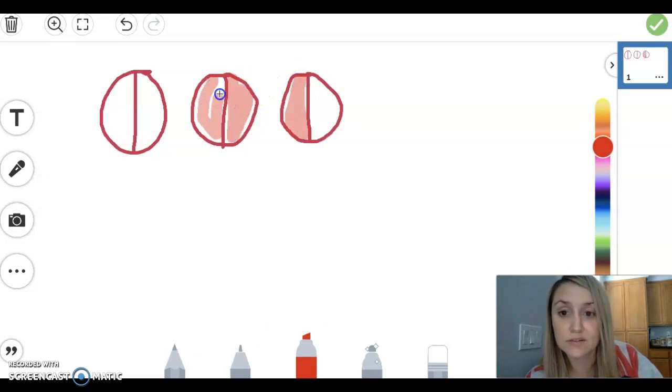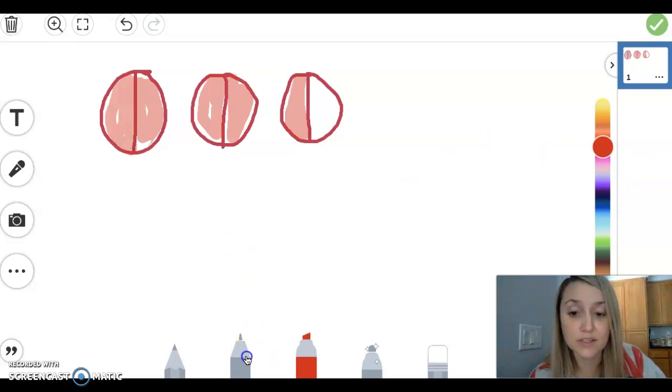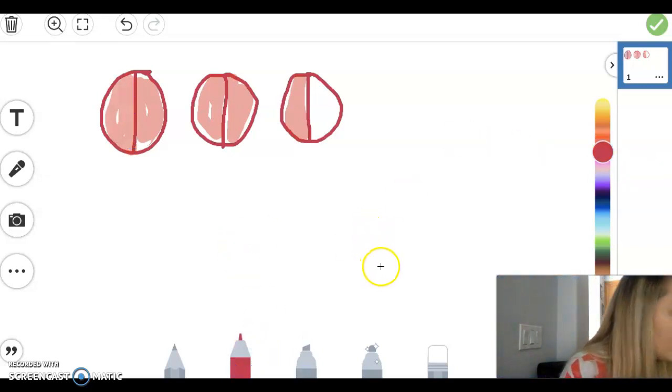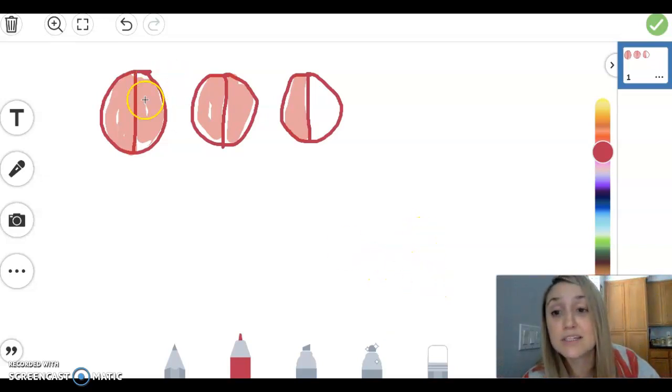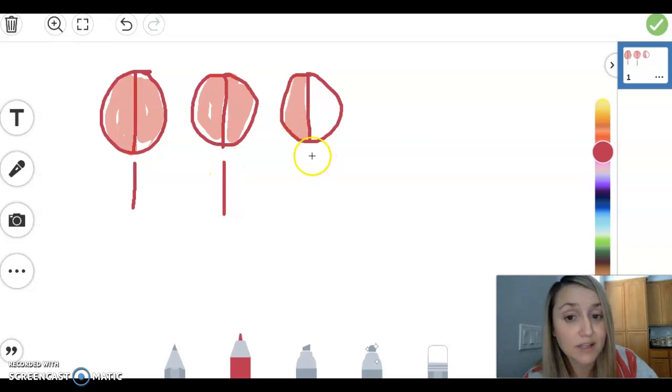These are all shaded. So in the directions here, they want you to write an improper fraction and a mixed number. So here, if you remember from the first lesson, you know that this would be 1 whole, this would be 1 whole, and this is a half.